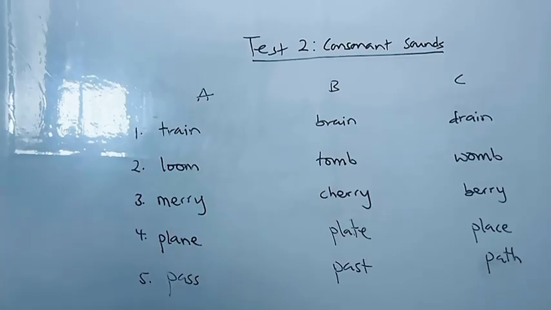So the correct answer for example 1 is B. This is recorded by shading answer space B against number 1. Example 2. Bent. The word I read was B-E-N-T, bent. So the correct answer for example 2 is A. This is recorded by shading answer space A against number 2.